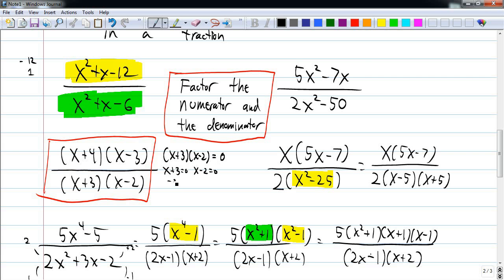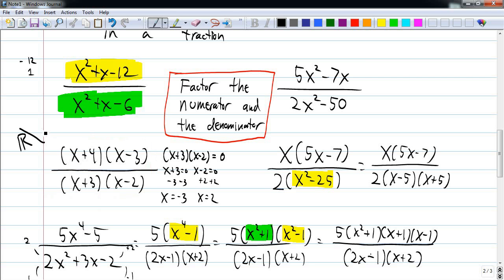So this is x minus 3 equals... I mean x plus 3 equals 0, so x is -3. x minus 2 equals 0, so x is 2. So if x is -3 or +2, then I would have a 0 in my denominator. So my domain for this problem here is all reals except for -3 and +2.